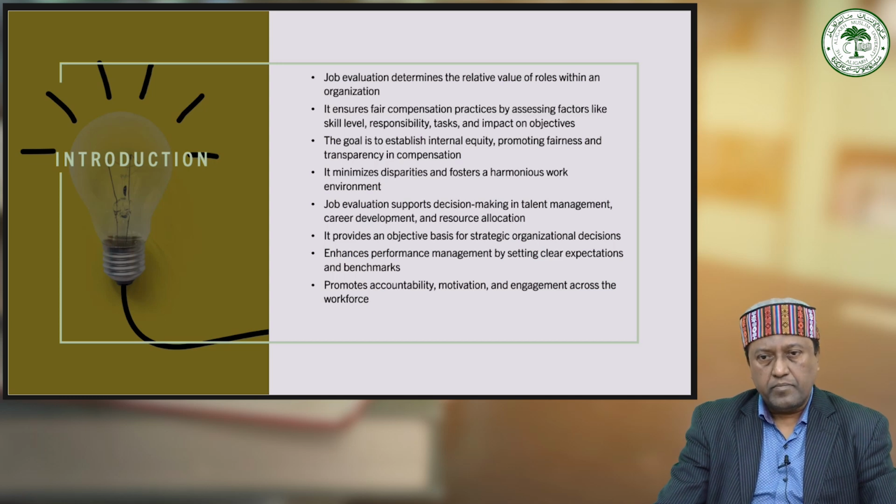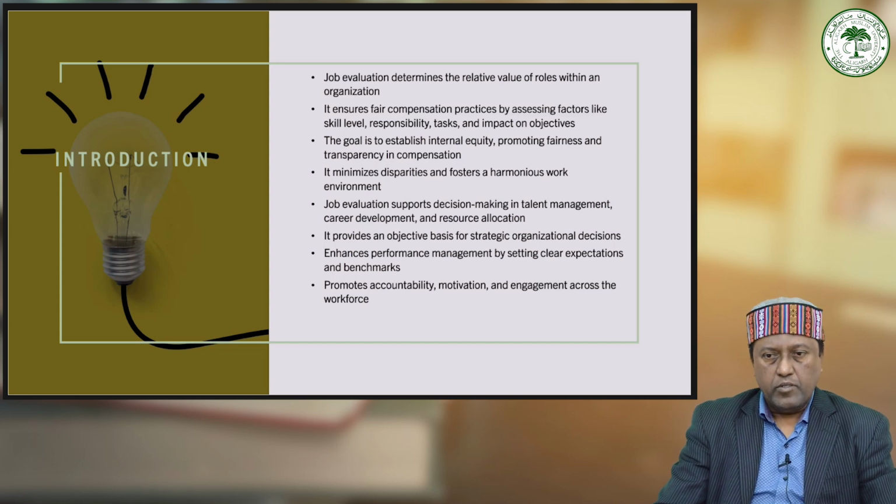Job evaluation emerges as a crucial tool in addressing this need, offering a systematic methodology for assessing the inherent worth of each job based on objective criteria.